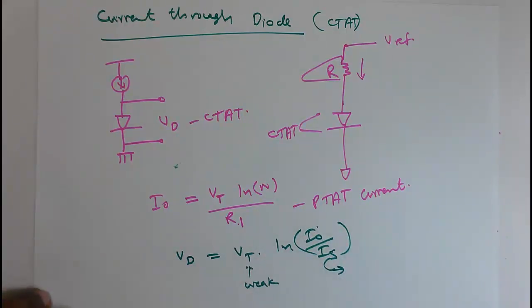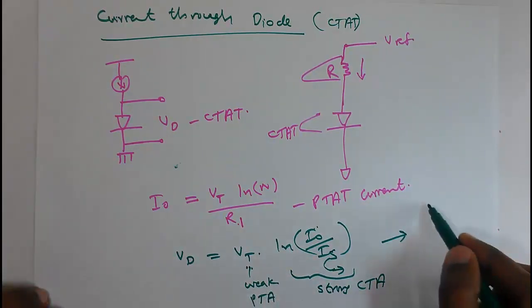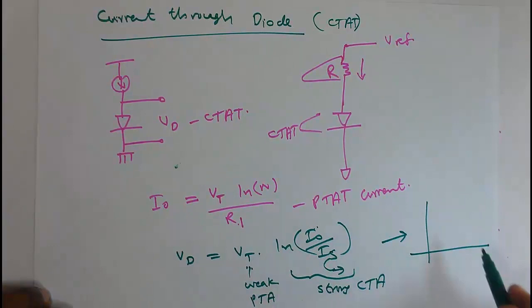Is is very much dependent on temperature, and Is increases with respect to temperature. So because of the Is, this term is a strong CTAT and this is a weak PTAT. So effectively it formed a CTAT curve.